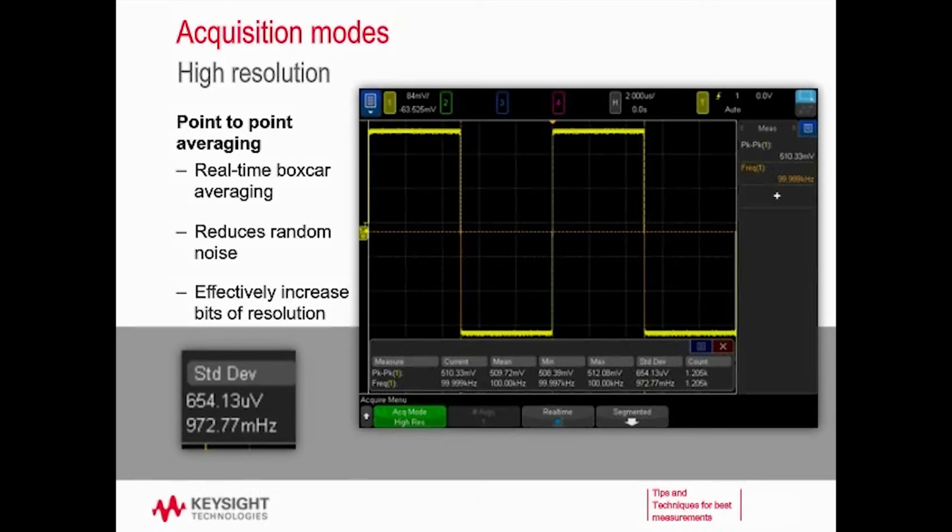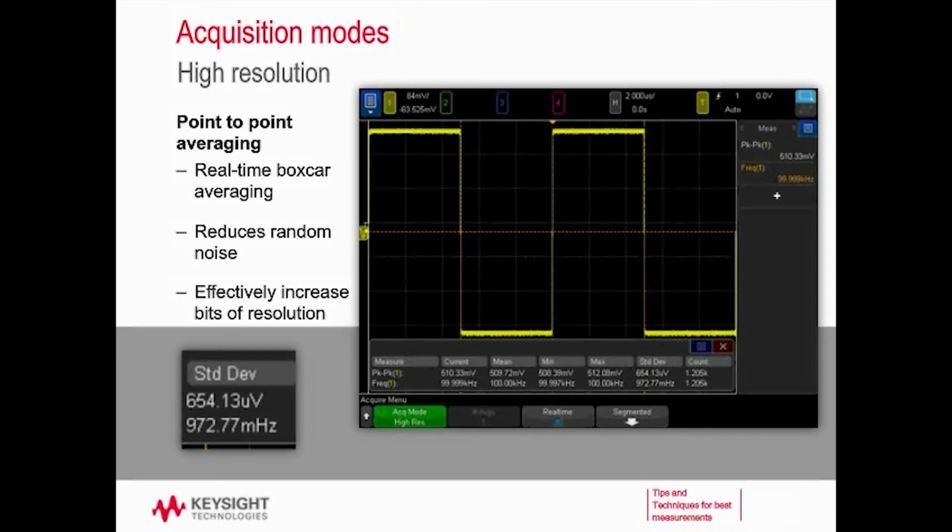And then we use that point as our data point to plot onto the screen. So what this does is it reduces random noise on my signal. As the scope sees it, it reduces random noise, so I don't have to worry about thermal noise or shot noise or any of that noise that I'm not really concerned about always when making a measurement. And also vertically, this effectively increases my bits of resolution.